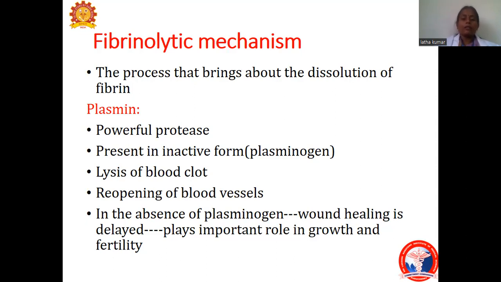Because of a blood clot, the blood vessel is occluded, so lysis of the blood clot causes the reopening of the blocked blood vessels. In the absence of plasminogen, wound healing is delayed, and it plays an important role in growth and fertility.